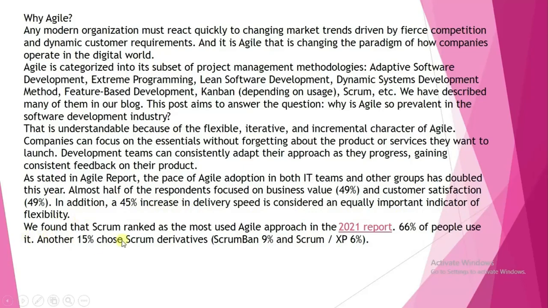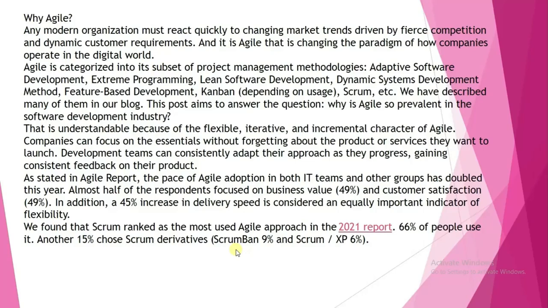We found that Scrum ranked as the most used Agile approach in the 2021 report: 66% of people use it. Another 15% chose Scrum derivatives. Then Scrumban is 9% and XP is 6%. So just keep these ideas in mind, and you will come to know the things properly.